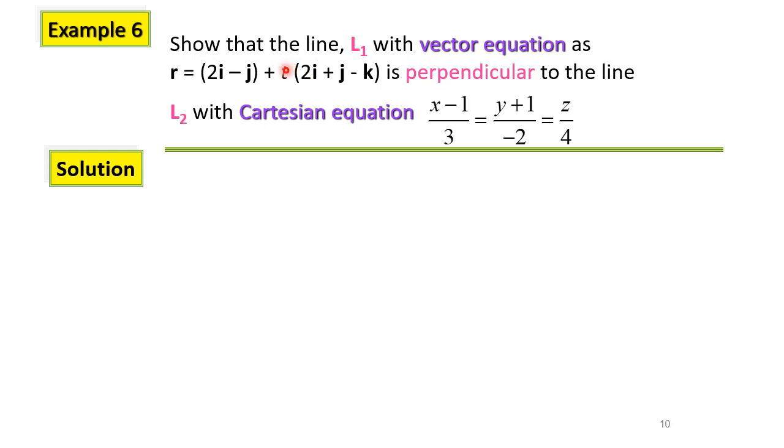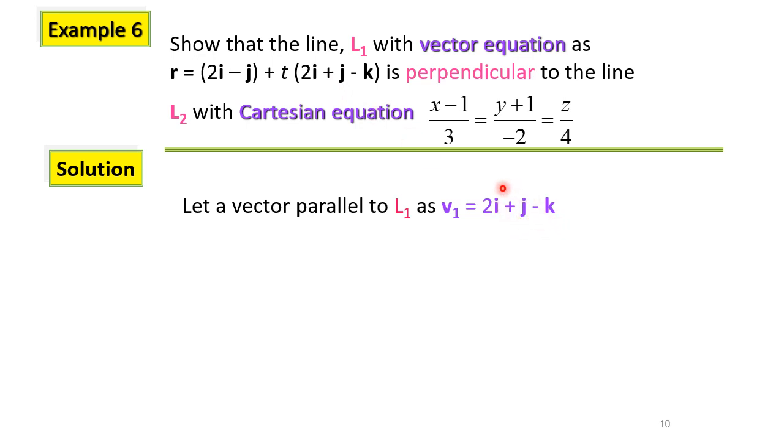Right, so now we move to example 6 and the last example in this video. In this example, show that the line L1 with the vector equation given here is perpendicular to the line with the Cartesian equation. Remember, the form of the equation is different, so you have to find out V from L1 and also L2. From L1, V is inside here, that is 2i plus j minus k.